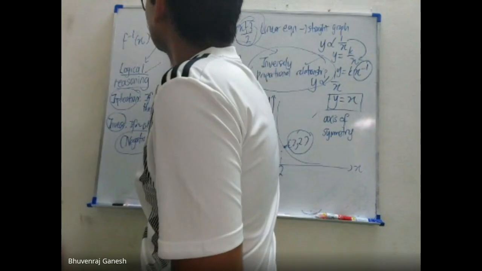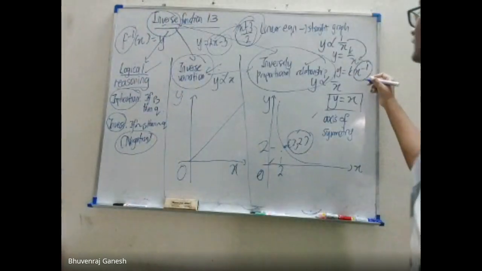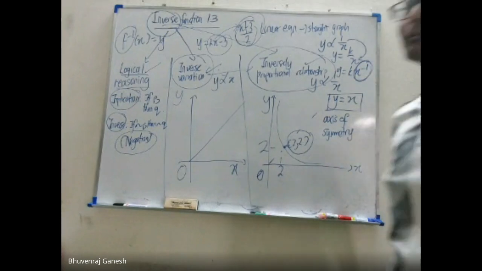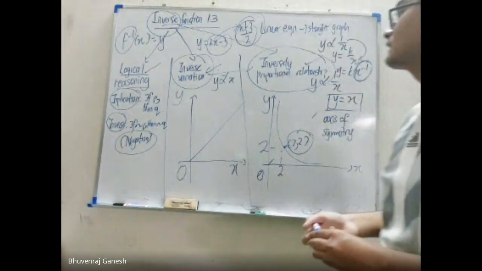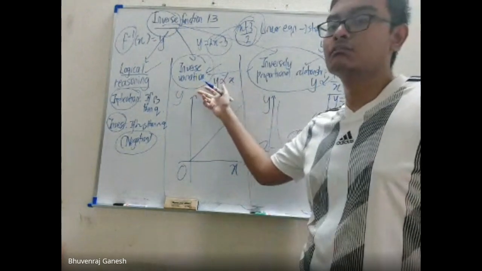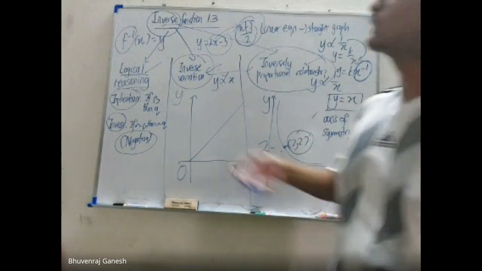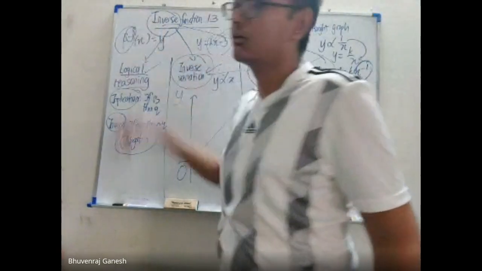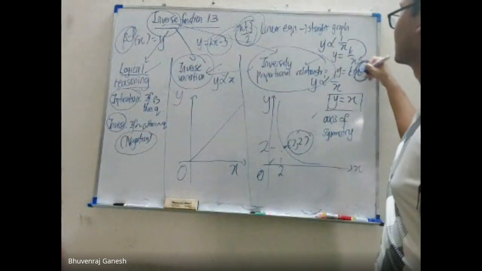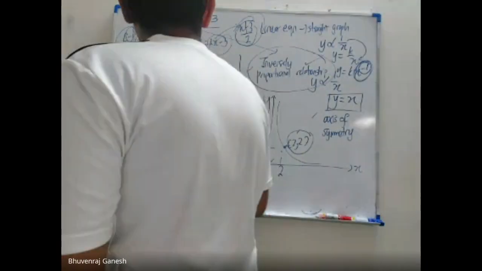You can see the similarity here: f inverse and also x to the power of -1. Both have already undergone the inversion process, so that's why we call it inverse variation, and this is also the inverse function. Inverse function always applies this power of -1, meaning it's like a reciprocal. So this is the concept here.